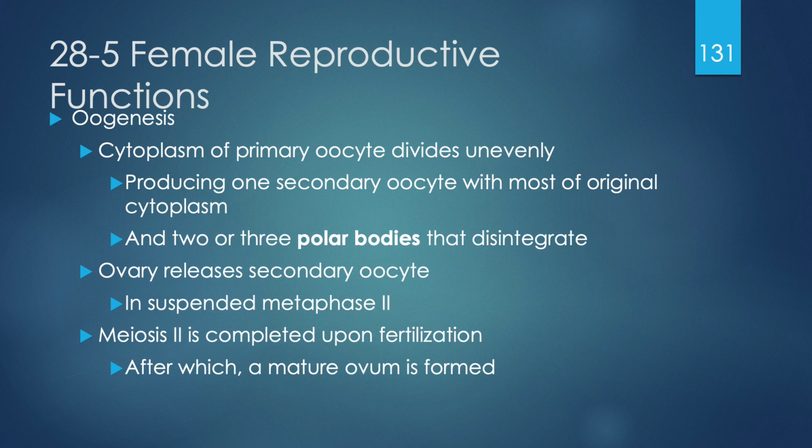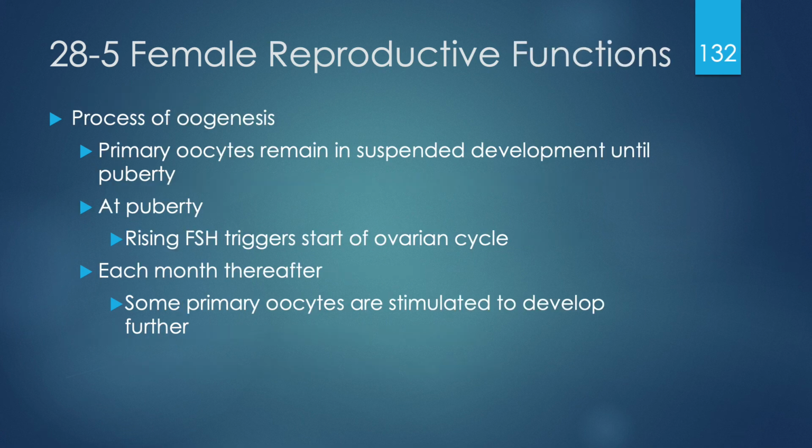Meiosis 2 is only completed upon fertilization, and at that point we have a mature ovum that is formed. The primary oocytes will remain in suspended development up until puberty. However, at puberty, hormones change, and the rising follicle stimulating hormone will trigger the start of the ovarian cycle. Every subsequent month thereafter, up until menopause, some primary oocytes will be stimulated to develop further.